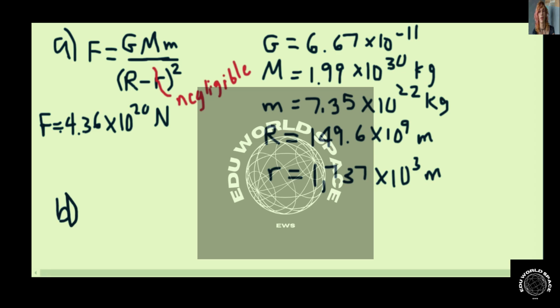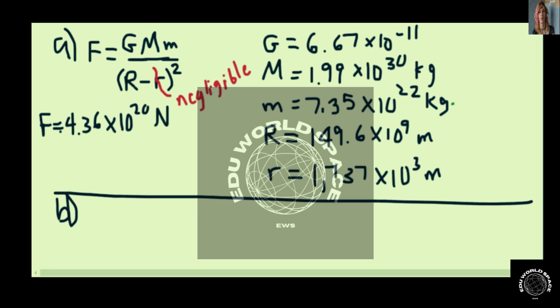B. Force on the Earth. So in part B, we're going to replace this M with the mass of the Earth. Mass of the Earth is 5.97 times 10 to the 24th kilograms.